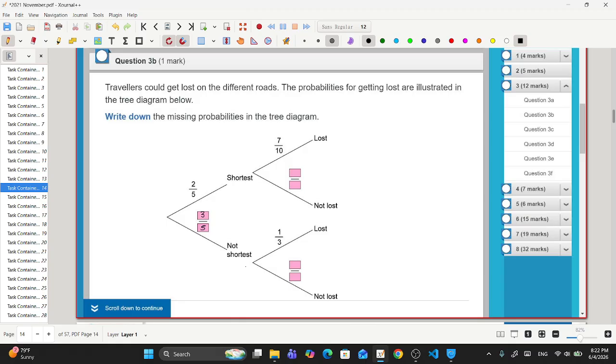That's why they say that you should not take shortcuts in life, because you can get lost, right? So if you take the shortest road, more possibility. So the possibility of not being lost is 1 minus 7 by 10, which becomes 3 by 10.